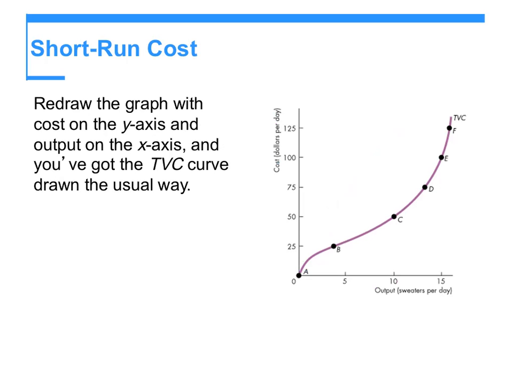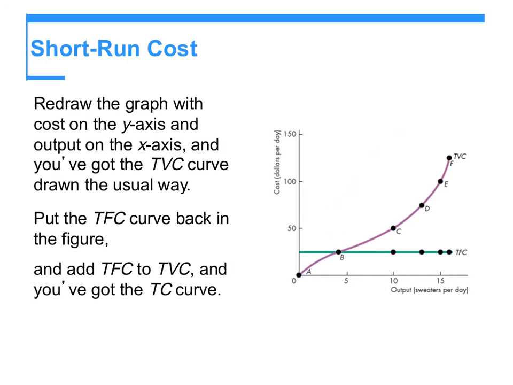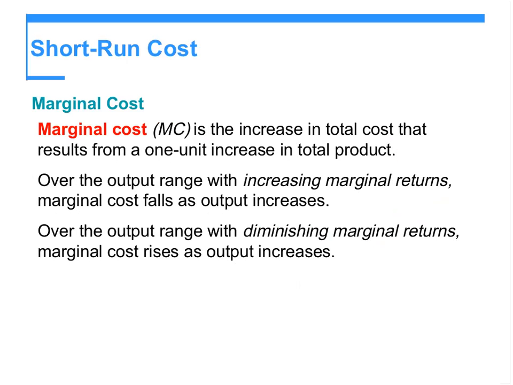So we draw the graph with the cost on the y-axis and the output on the x-axis. And you get the TVC curve drawn the usual way, as you can see. Then we bring the TFC curve back in the figure, and TFC plus TVC, you get the TC curve. As you can see, this is how we can come together from this to the other one. This is basically how they draw each of these curves.